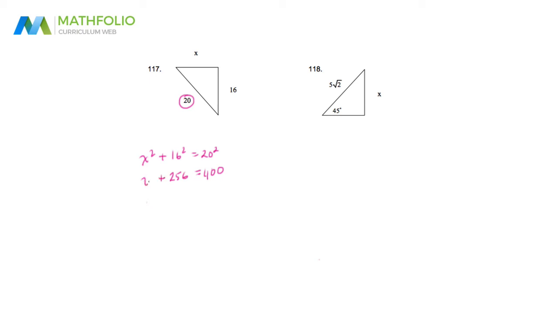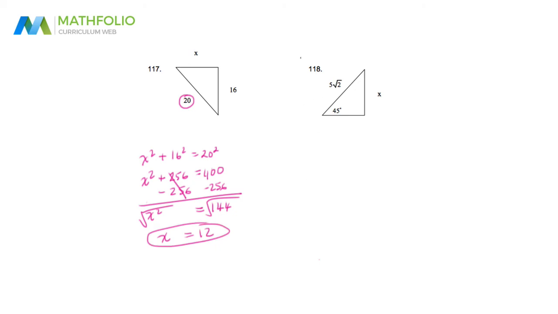So we're going to write the X squared right there. Now we're going to subtract 256 from both sides. And so this leaves us with 144. X squared equals 144. When we square root both of these, it becomes pretty clear that X equals 12. So that's our answer here.